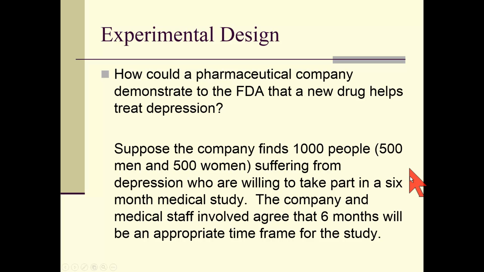That may or may not be the case for a study on depression, but we'll assume that that's a given. What I'm going to do and would have done in class is pose 6 or 7 scenarios of how the company could set up an experiment to check for the effectiveness of this drug.